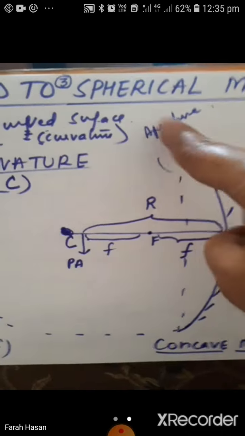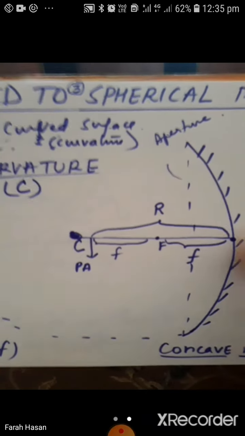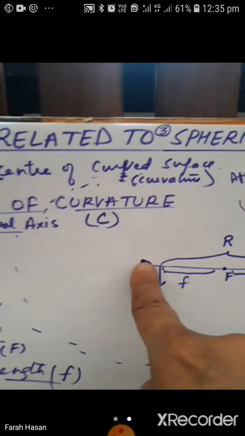So the center of this whole sphere of which this mirror is a part, that center is known as center of curvature. Understood? You consider it as a whole sphere, right? Like this. This is a whole sphere, and the center of this sphere will be known as the center of curvature. I hope it is clear to you all.